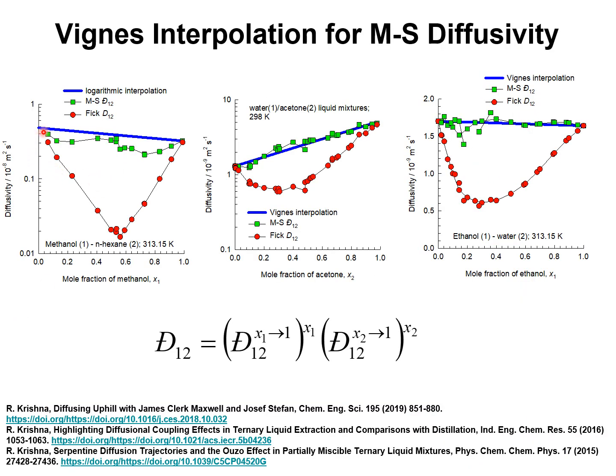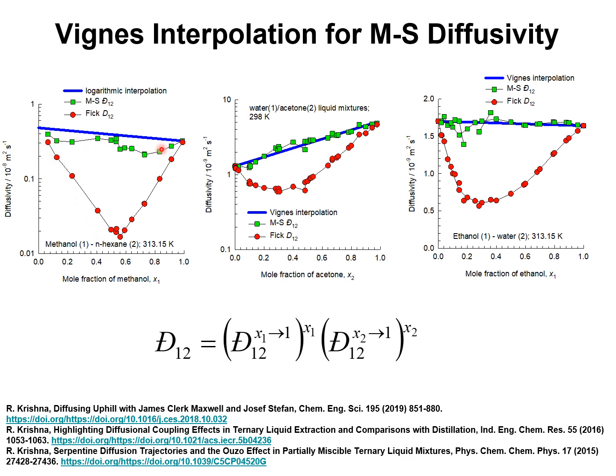The Maxwell-Stefan diffusivity for a binary liquid mixture follows a simple logarithmic interpolation formula called the Vignes formula, which is presented here.